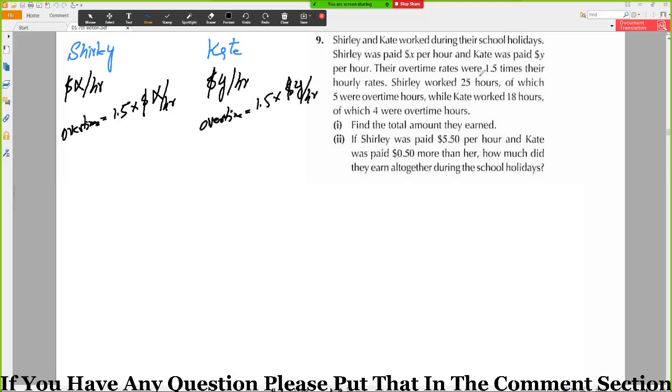Shirley worked 25 hours, of which 5 were overtime hours, while Kate worked 18 hours, of which 4 were overtime.